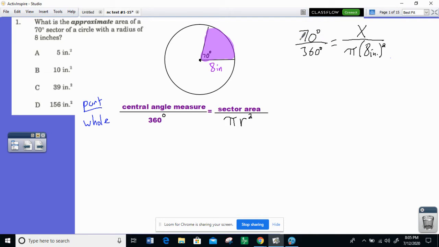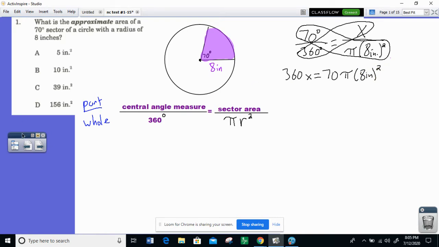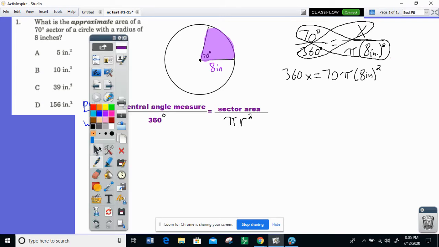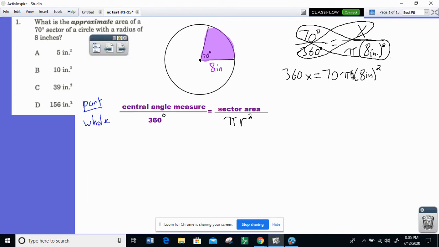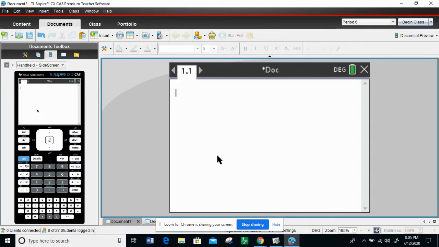Well, just like any proportion, we want to cross multiply this. So when we do that, we're going to have 360 times x equals 70 times pi times 8 inches squared. So we're going to work this part out in the calculator.